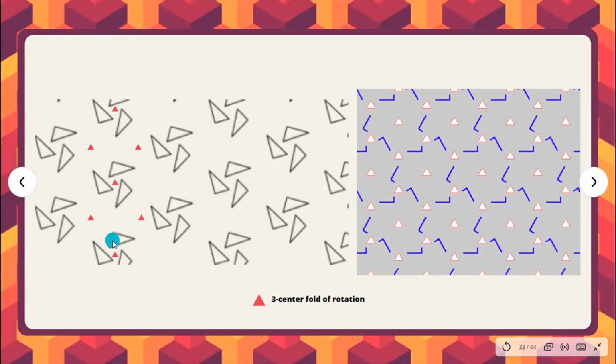These are the types of rotations around it. And for this one, we have 1, 2, 3. For this one, it's triangle 1, triangle 2, triangle 3, and so on and so forth along the plane. And afterwards, these are the repeated patterns which you could formulate after this composition.